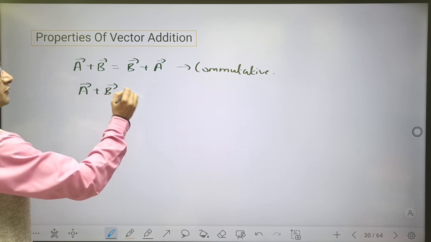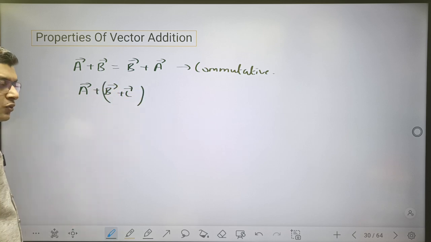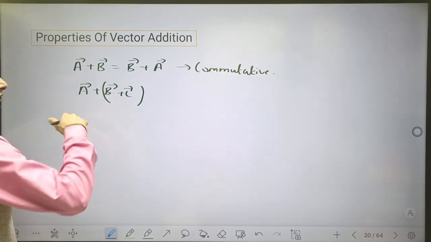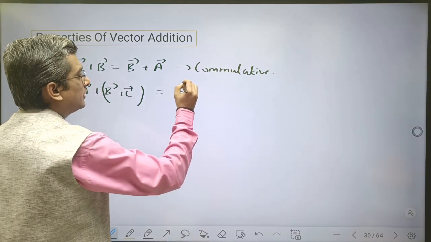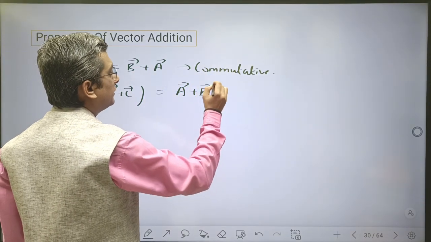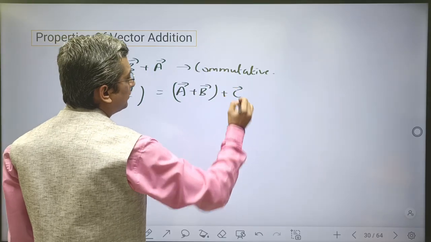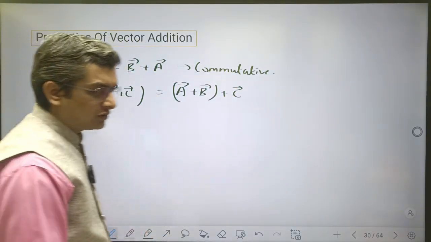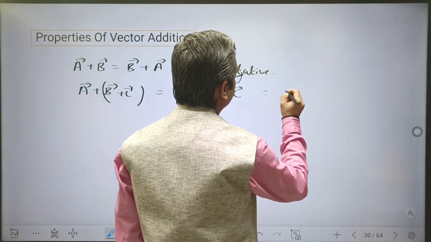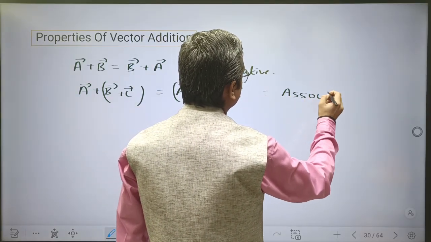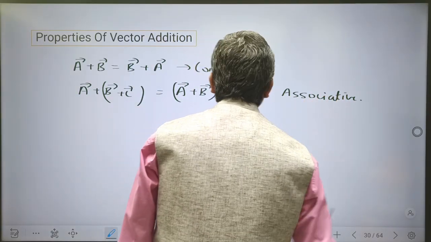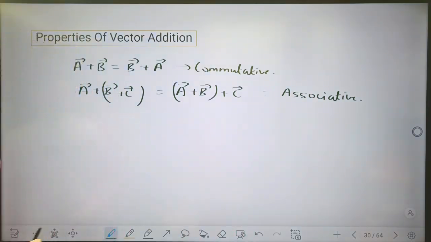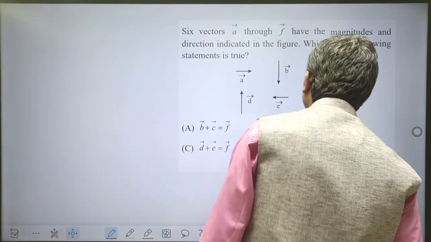A plus B plus C. Suppose you add B and C first, then you add A, it is equal to A plus B plus C. Grouping the vectors doesn't change the resultant. This is known as associative. So these are the properties of vector addition.